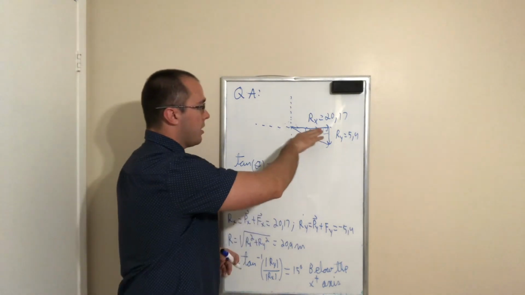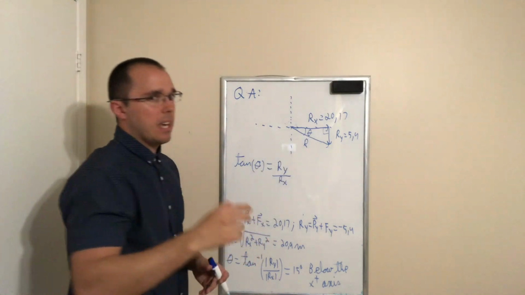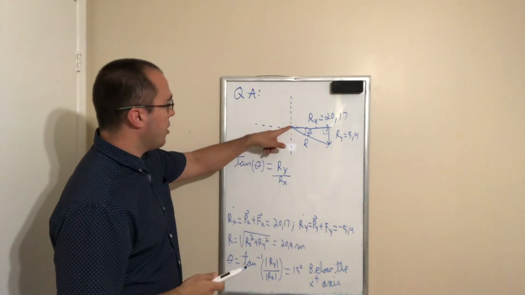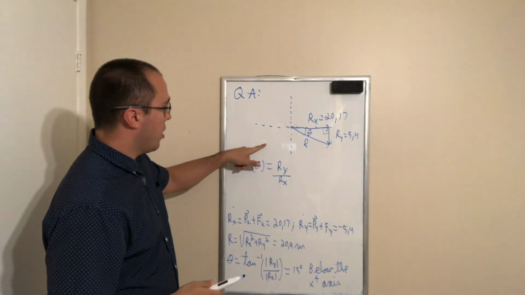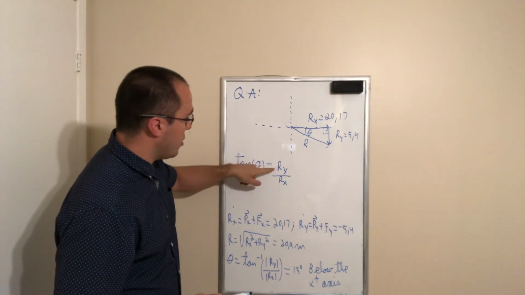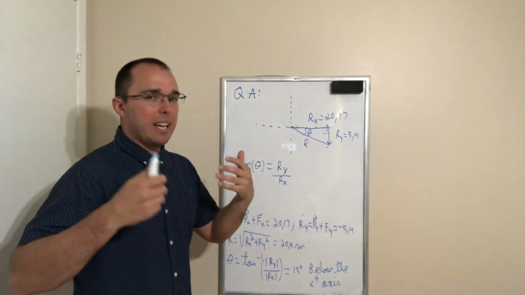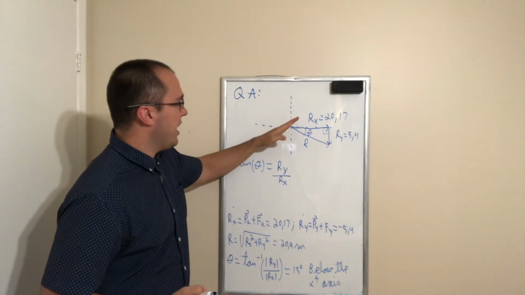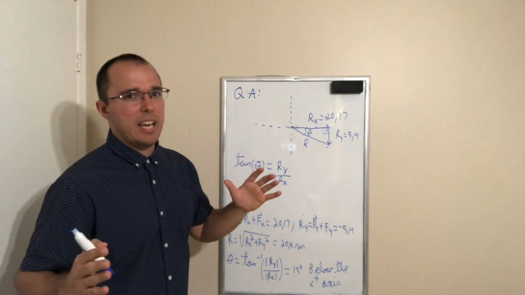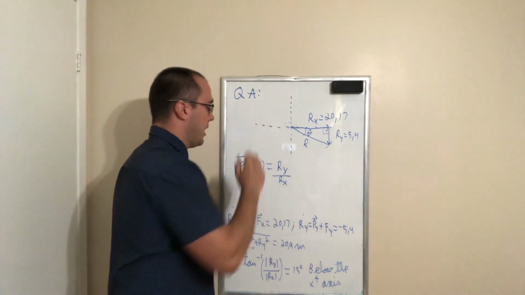It will tell you that the angle is minus 15 below the x-axis. But if you were to have an angle over here, you will still have a minus, and a minus. The minus will cancel out, and the tangent will kind of tell you that the angle is on that side, which is not the case. Okay, we will be solving some example later on where this is the case.